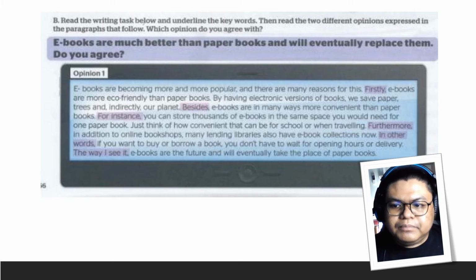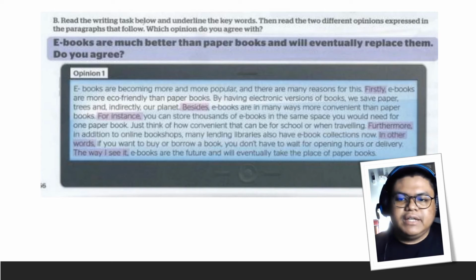Furthermore, in addition to online bookshops, many lending libraries also have ebook collections now. In other words, if you want to buy or borrow a book, you don't have to wait for opening hours or delivery. The way I see it, ebooks are the future and will eventually take the place of paper books. So that is the first opinion.